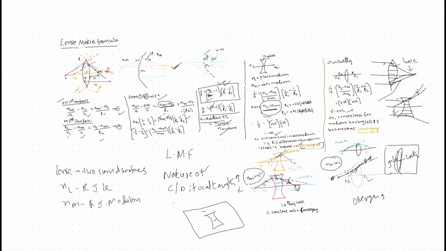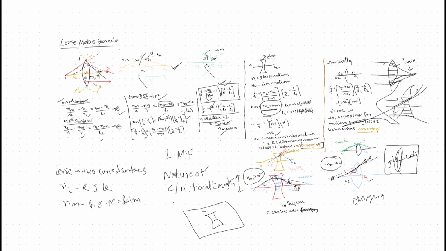That is the reason we tell that a convex lens is converging and a concave lens is diverging, based on the refraction, means based on the base of the prism.